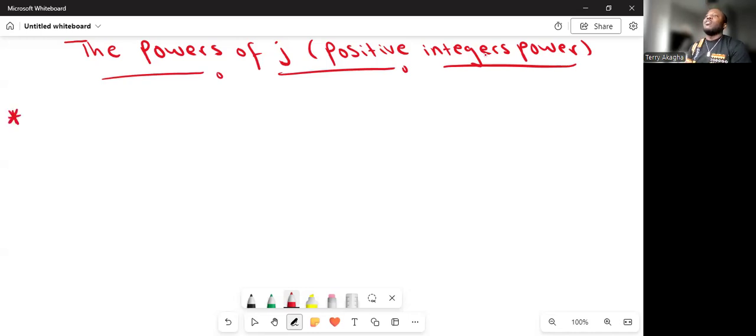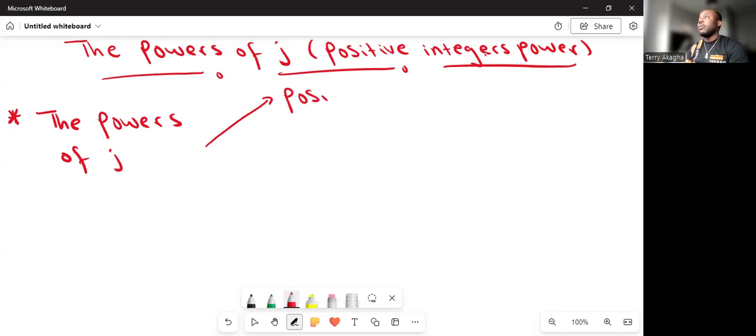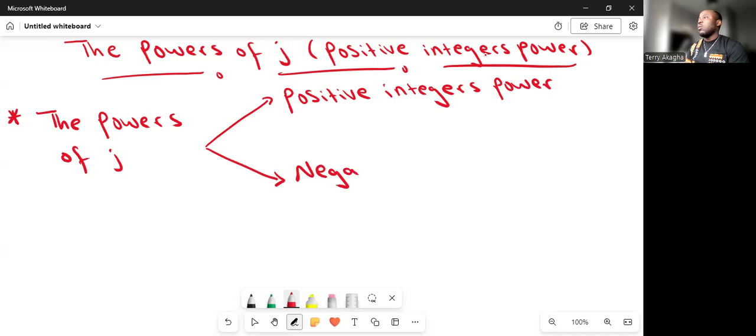So the powers of J. Like I said, we have two types: the positive integer powers, and the negative integer powers.